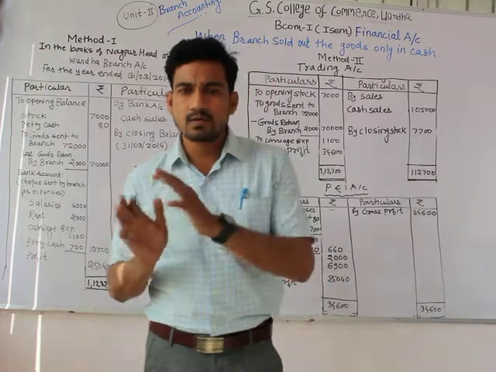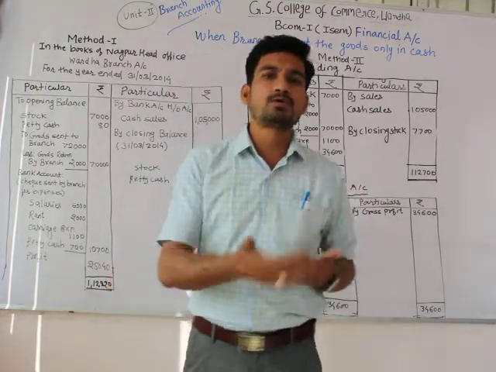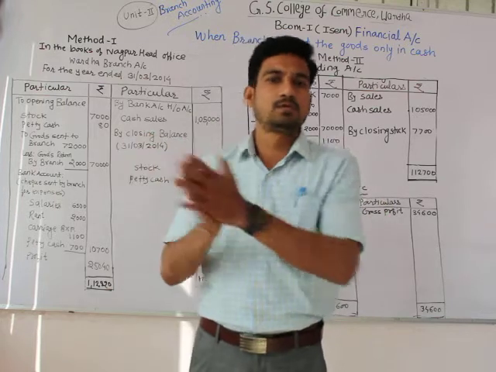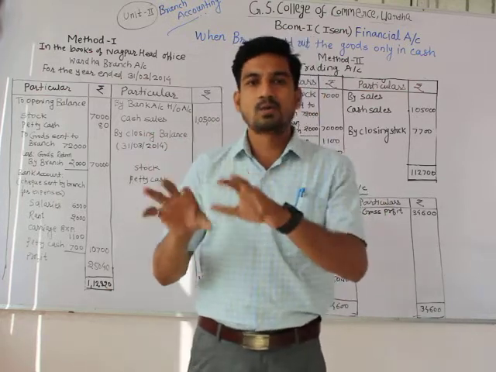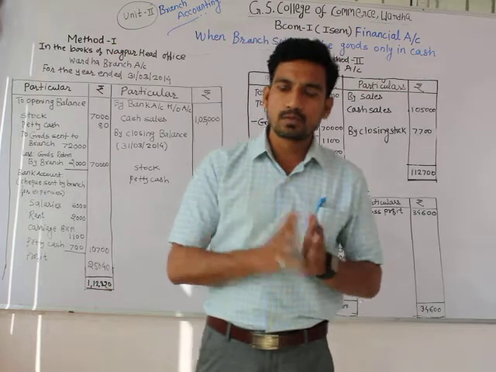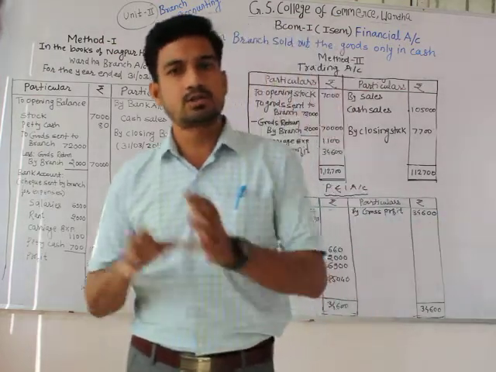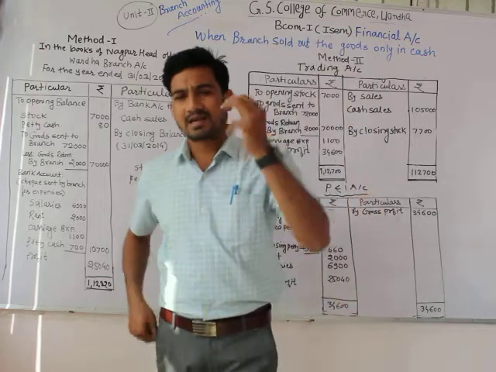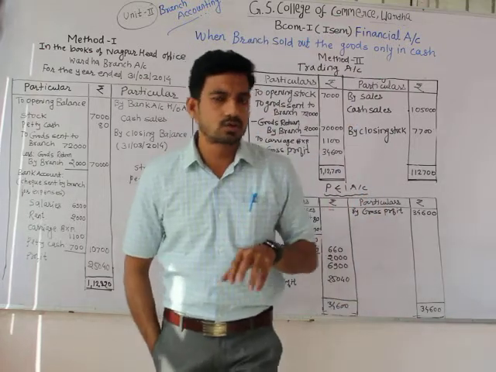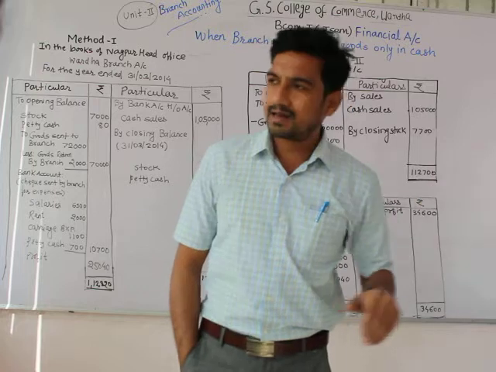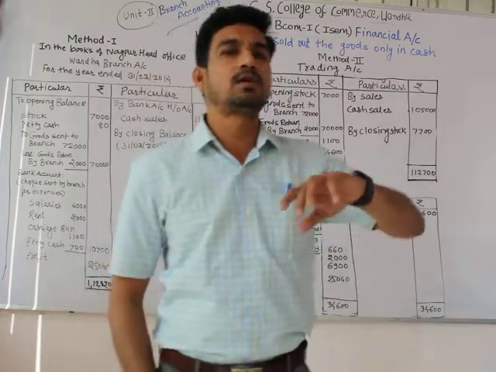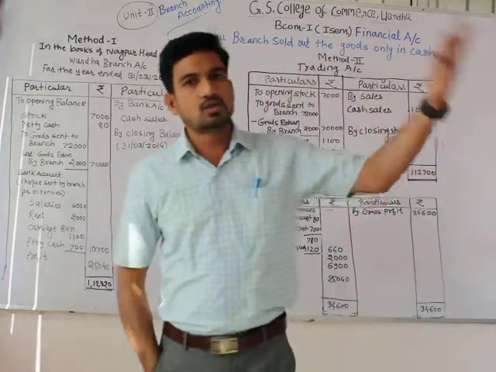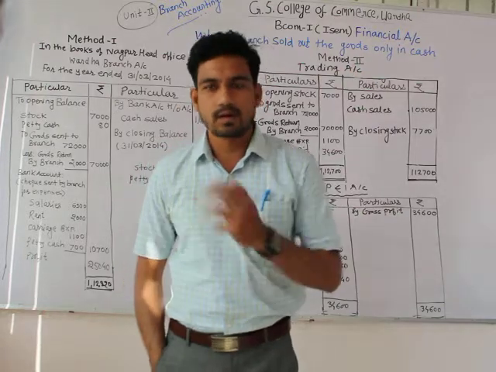Inland branches are the branches working in the geographical location of that nation, and foreign branches are the branches working beyond the boundaries of the nation where the head office of that company is located.